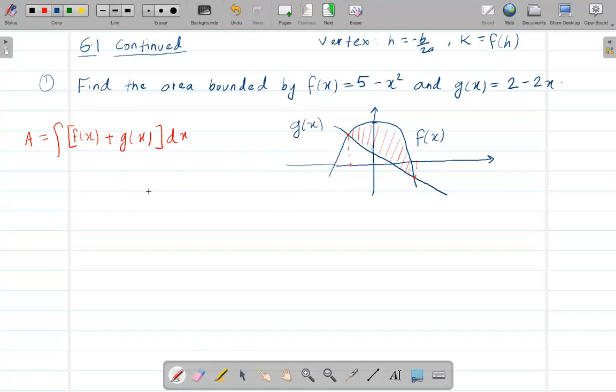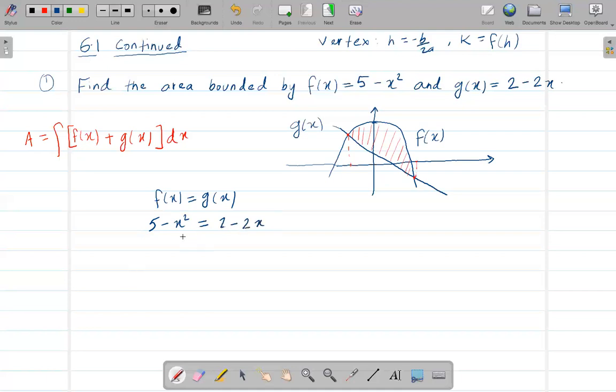So we can find that point by making these two equal. At these 2 points, both of these equations are the same. So that's why we need to consider these two equal. So let's see. f of x is 5 minus x squared is equal to g of x, which is 2 minus 2x.